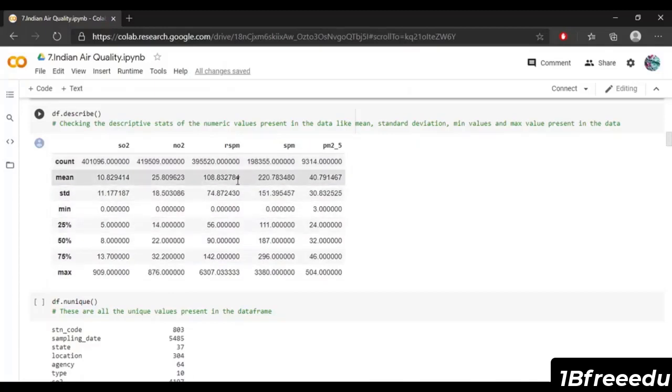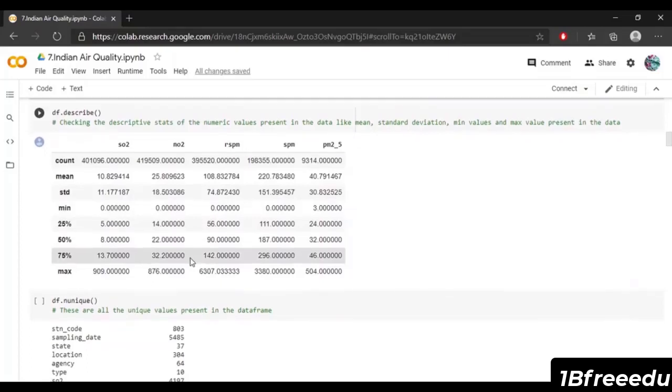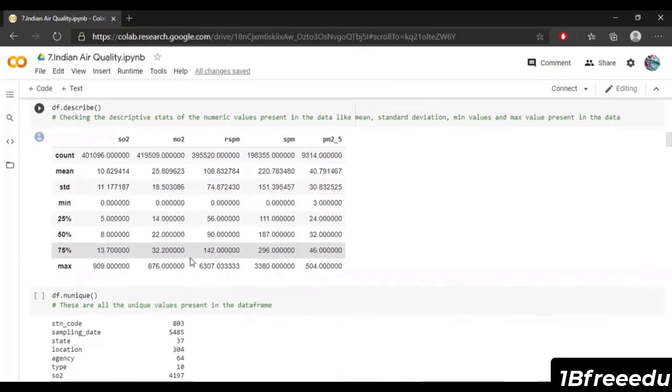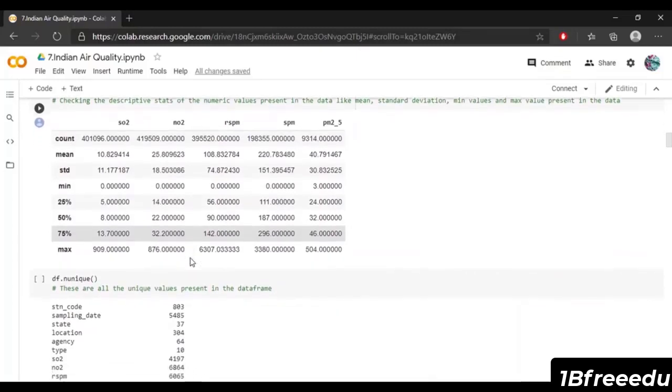The other descriptive statistics also include mean and standard deviation, and again we saw the minimum and maximum values over here. So this is what the df.describe function shows us. It will also help us to check if there are any outliers present in the particular data set or not.